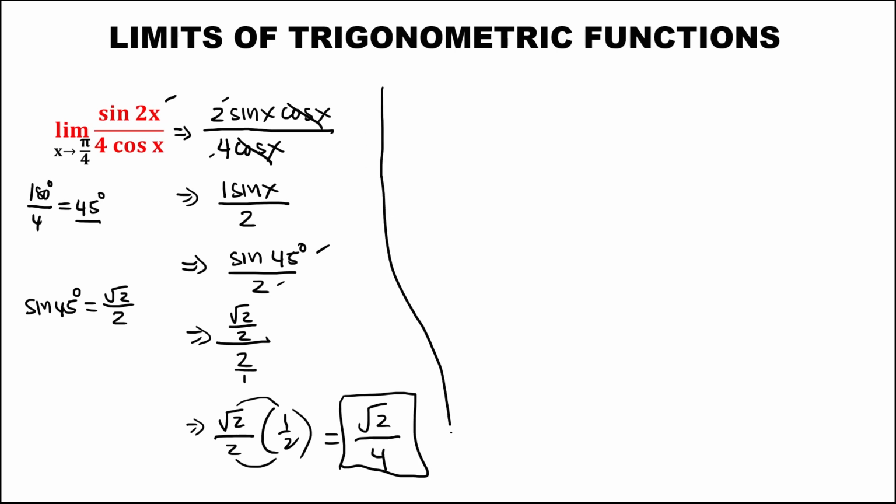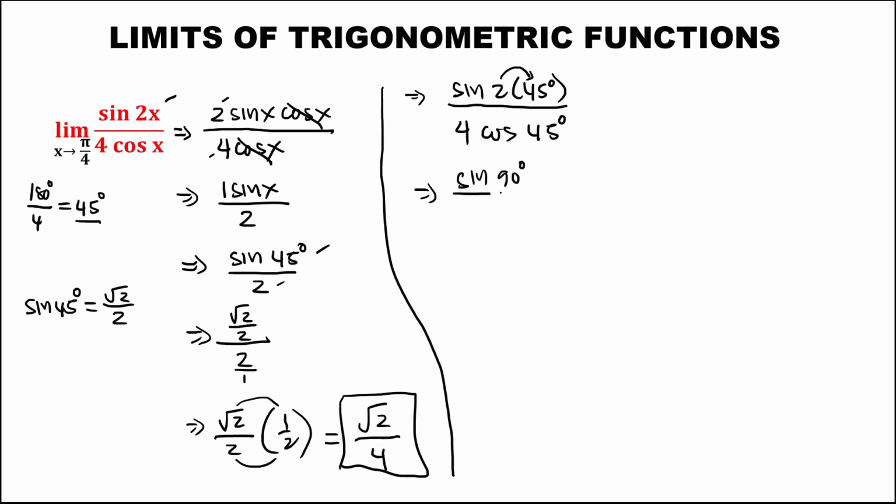Then the other way of solving this limit is using direct substitution, so this sine 2x becomes sine 2 times 45 degrees, over 4 cosine 45 degrees. Then to simplify, this becomes sine of 2 times 45, that's 90 degrees, over 4.